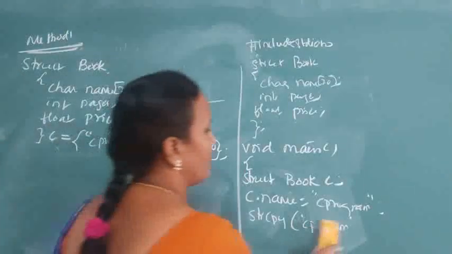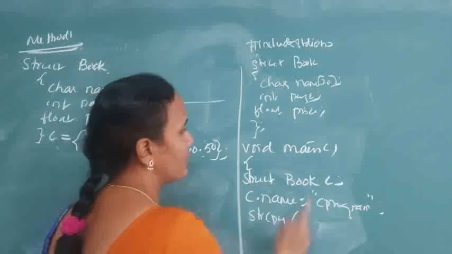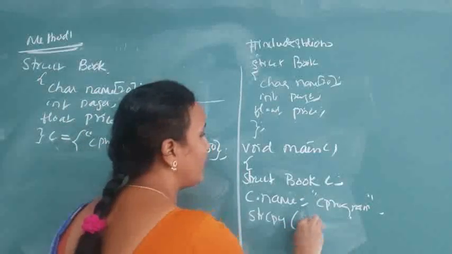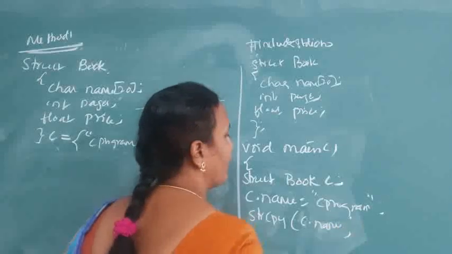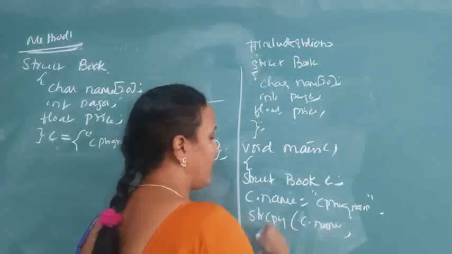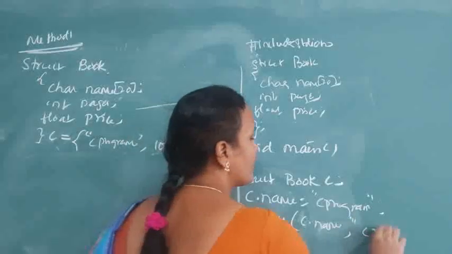So not like this, string copy. What is the name of the structure here? c.name. Yeah, you need to give like this. So directly we cannot initialize here, c.name equals "C program".